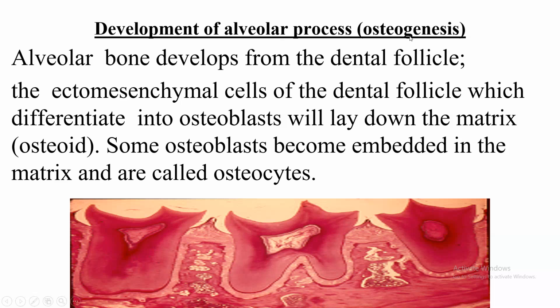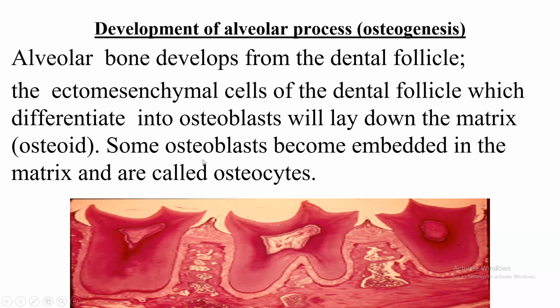Now the osteogenesis, development of alveolar bone. Alveolar bone develops from the dental follicle, from ectomesenchymal cells, undifferentiated ectomesenchymal cells, which are found in the dental follicle. These are going to be differentiated into osteoblasts, which will later lay down the matrix, the osteoid, the first layer of unmineralized bone.